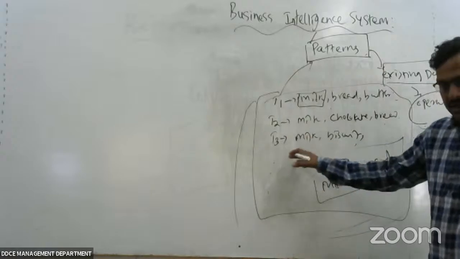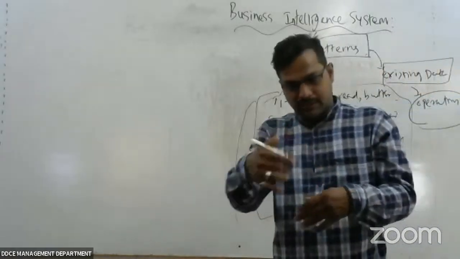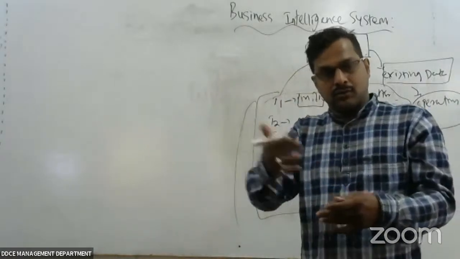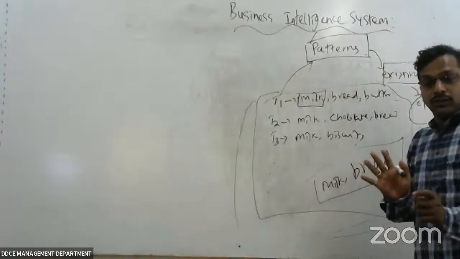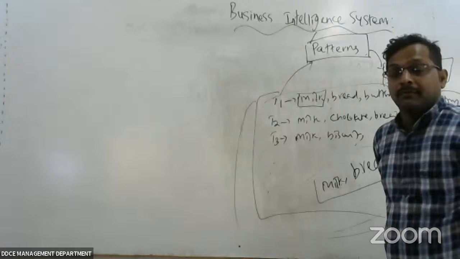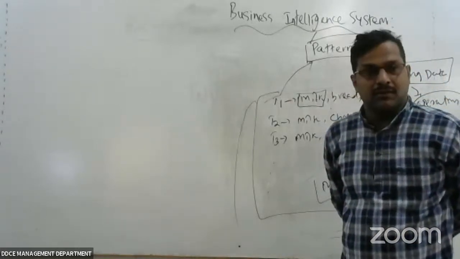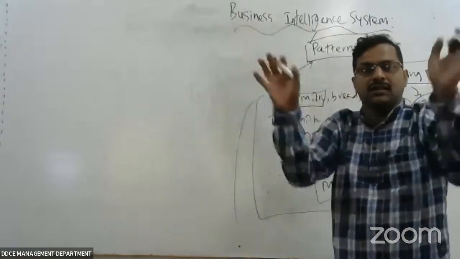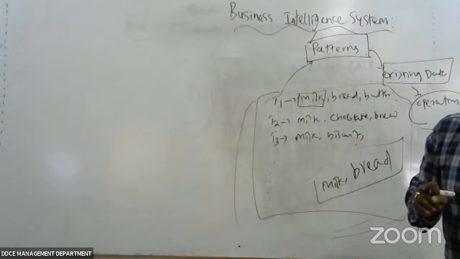I am giving a small example. Similarly, in database cases, this is sometimes referred to as positive patterns and sometimes negative patterns. Suppose milk and meat. Some negative patterns will also be considered, but negative patterns are not the focus. We have to focus on the positive patterns.